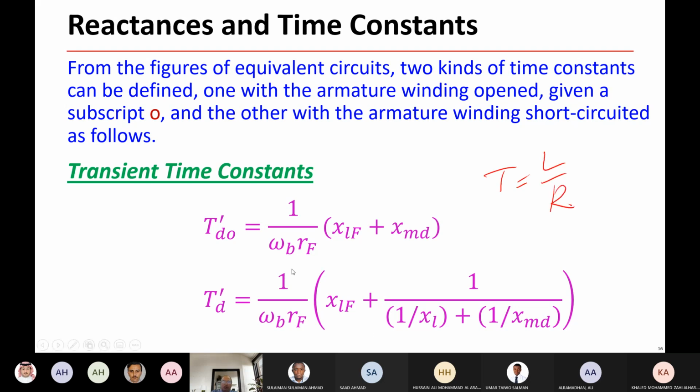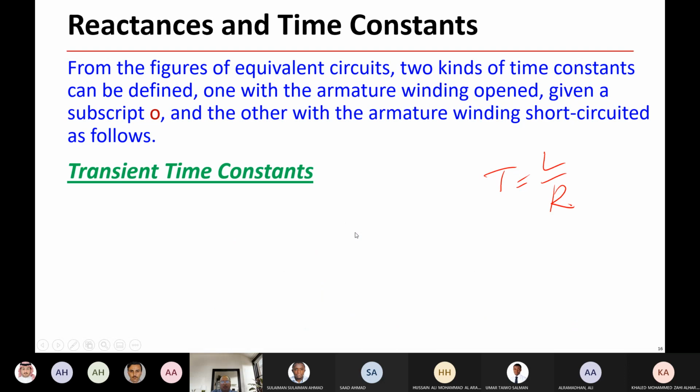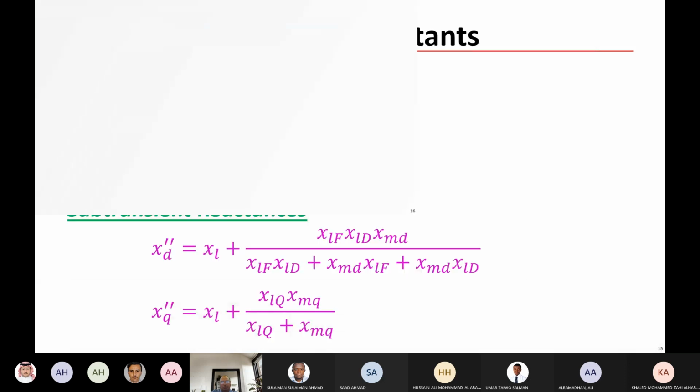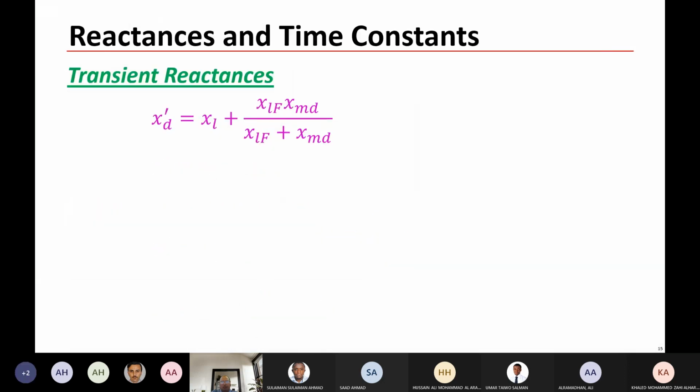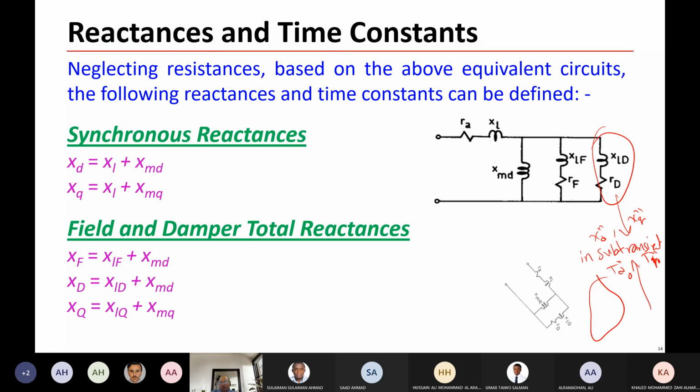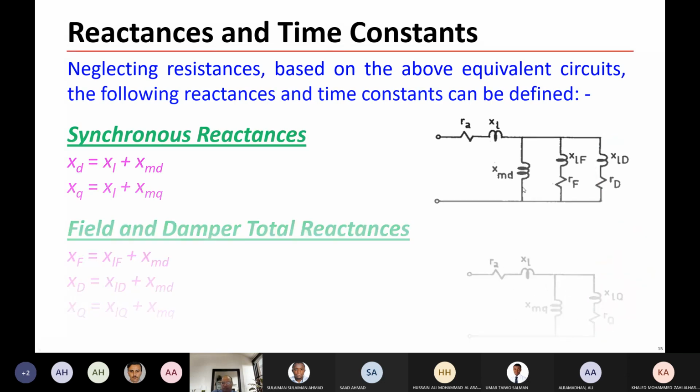So for the field winding, you have, again, we need to copy these circuits here.